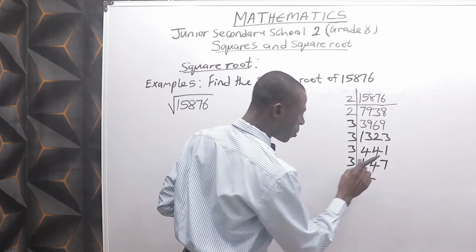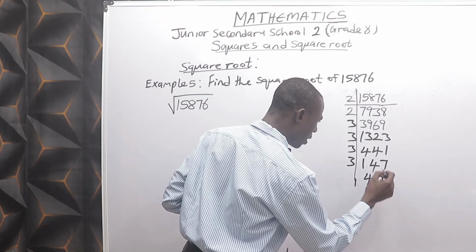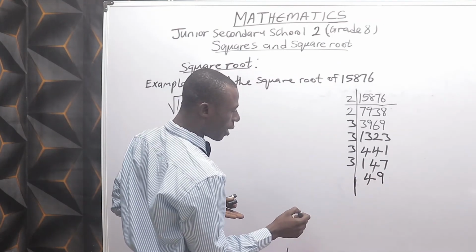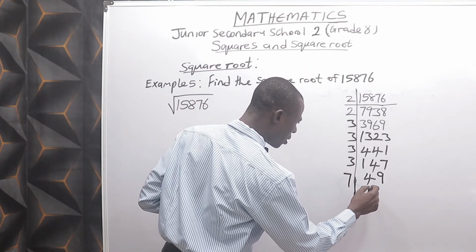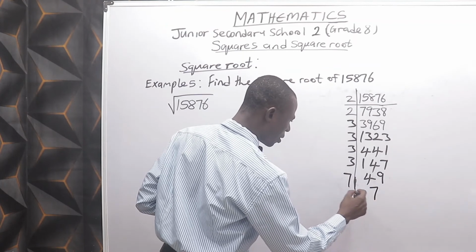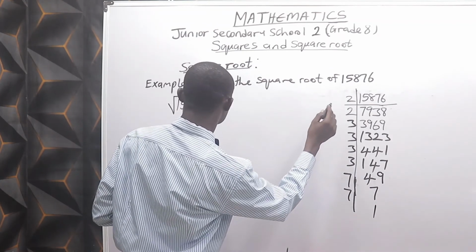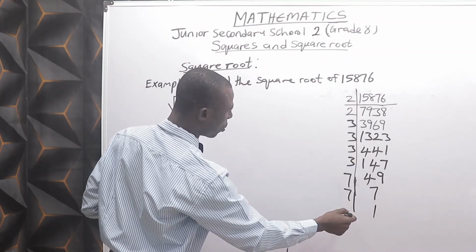Use the 2 with 7, making 27. 3 in 27, that is 9. 3 can no longer divide 49 here. So we use 7. 7 in 49, 7. 7 in 7, 1. So we have been able to break the number into these factors.